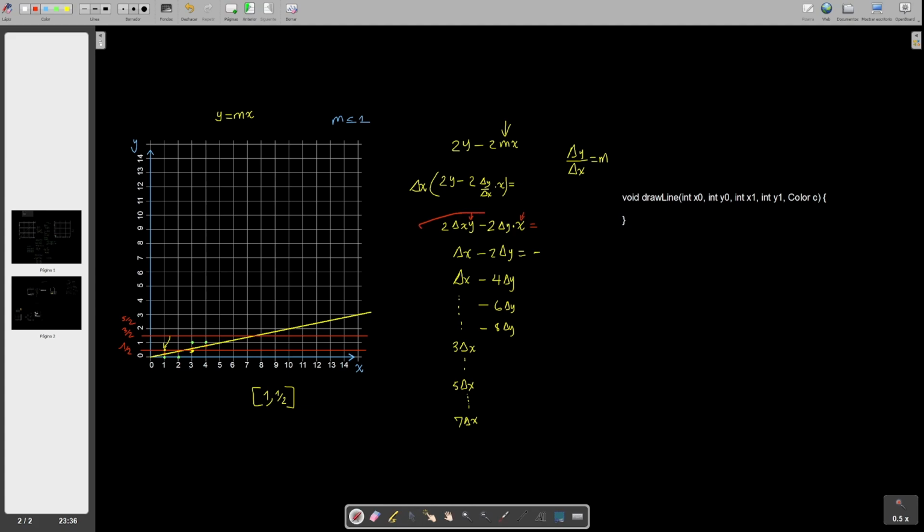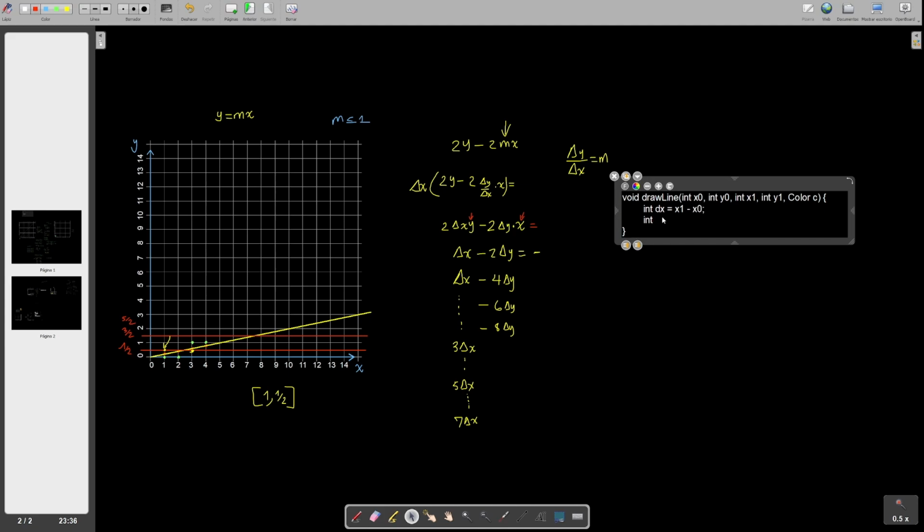And remember that the heart of our code is going to be this evaluation here. And notice that we have these terms all the way down in our evaluations. So we're going to start by getting those terms. The x is going to be x1 minus x0, and the y is going to be y1 minus y0.